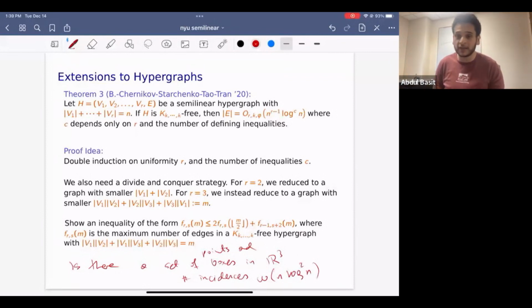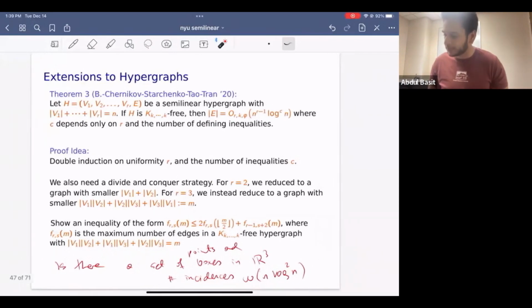But we could not find anything better than the example we have for R2. Everything we have in R3 still gives n log n. That seems like a very simple question, and we tried really hard to find an example, but we couldn't. So it's entirely likely that there is one. If we can show that there's a set of boxes in R3 that needs more edges, that would suggest that the power of the log should depend on the number of inequalities. But yeah, I don't know.